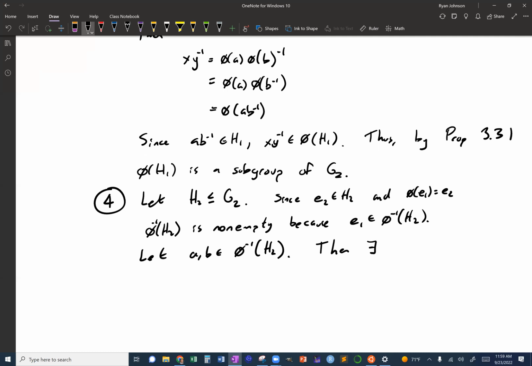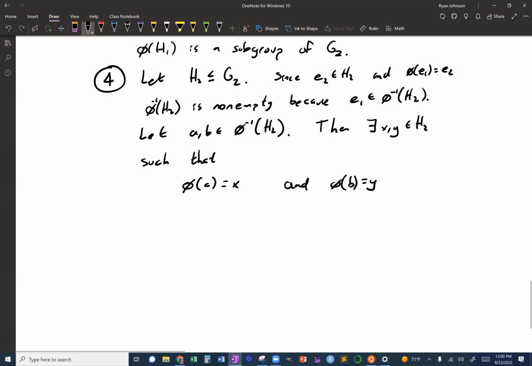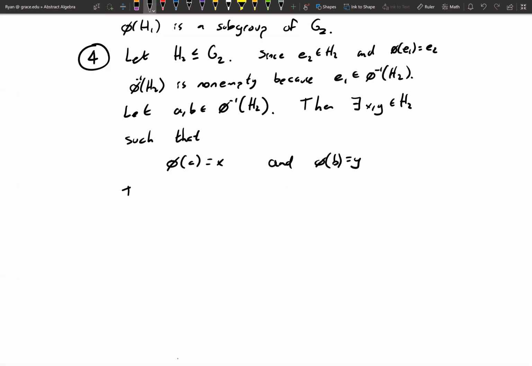Then there exist X and Y in H2 such that phi of A equals X and phi of B equals Y. Then AB inverse equals... I don't know if I can just do it that quickly, can I?